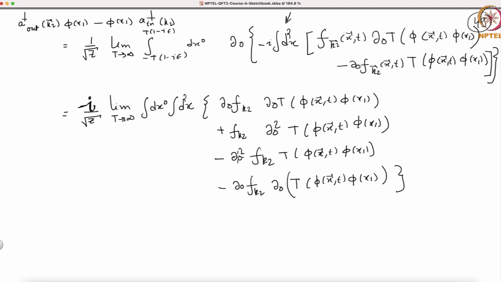So let's see the first term here and the last term here. Del naught of K2, del naught of K2, del naught of this time order product, and here del naught of the same time order product. They come with opposite signs, so these two cancel.